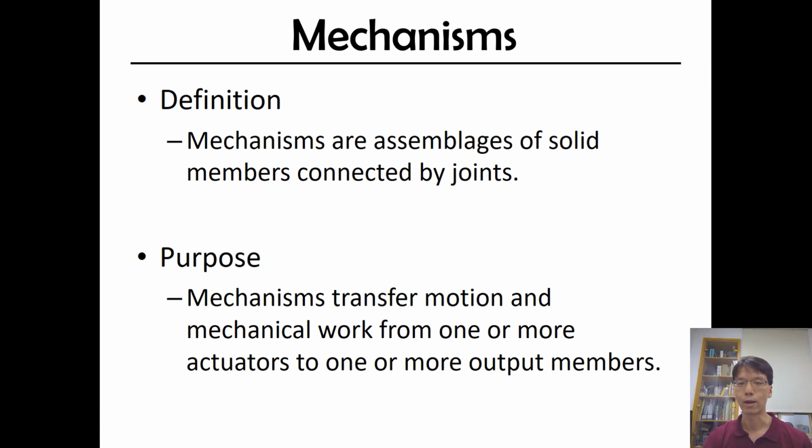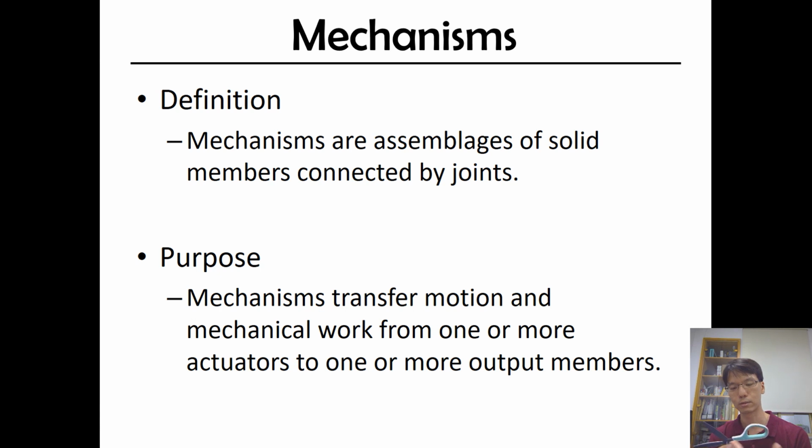So I would like to take a pair of scissors, for example. So here it says a mechanism is an assemblage of solid members. What is a solid member? Take this one, for example. The solid member means this blade.